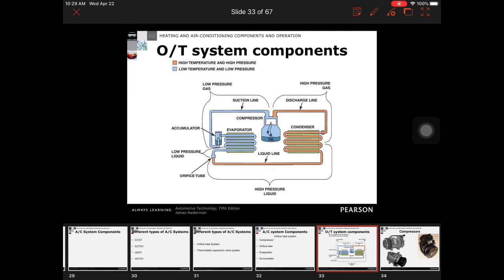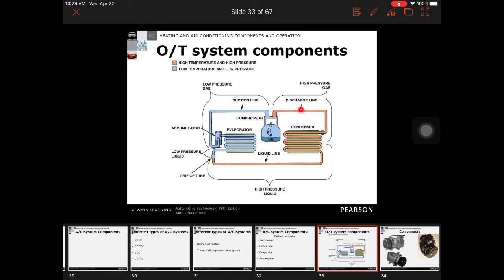I want to start off by showing you guys this picture of the AC system on an automobile, okay? This is a CCOT system, a cycling clutch orifice tube system. We can see there's a lot going on here, okay? We have a compressor here. We'll go clockwise: our condenser, and then we have our orifice tube, the evaporator, and accumulator, and then back to the compressor.